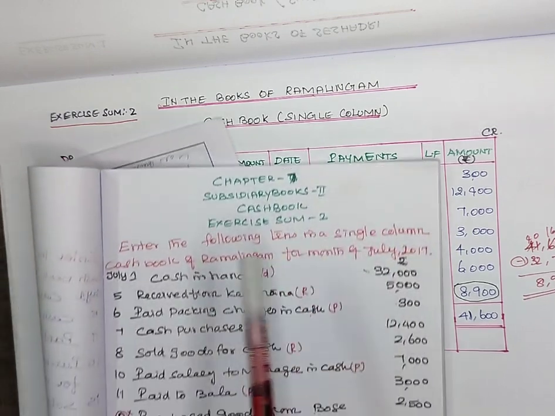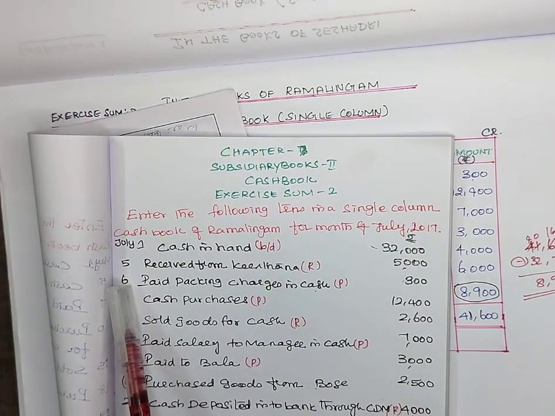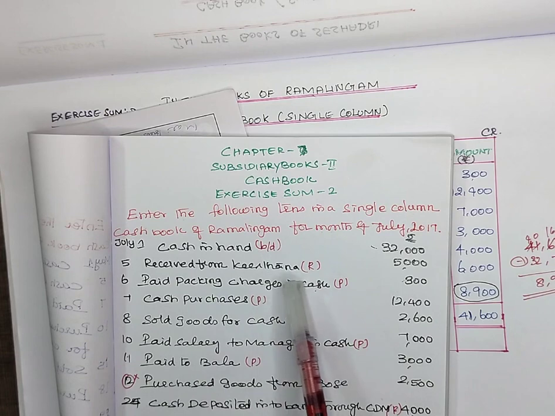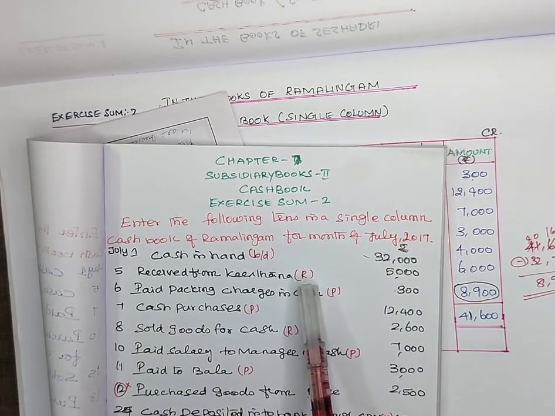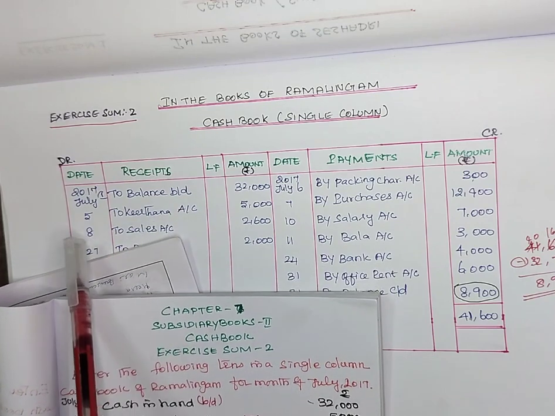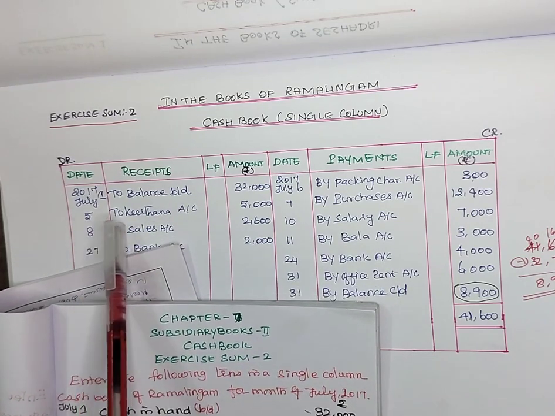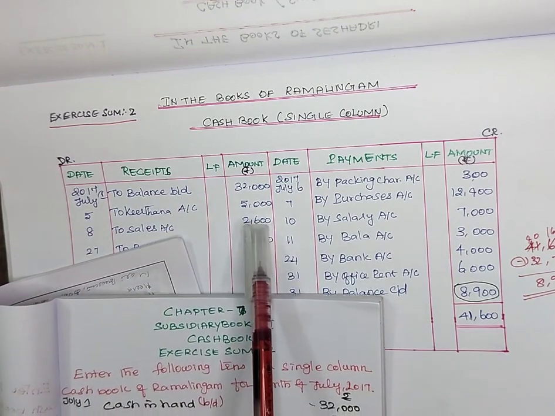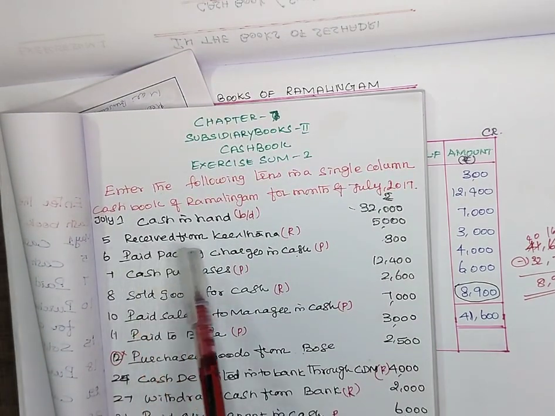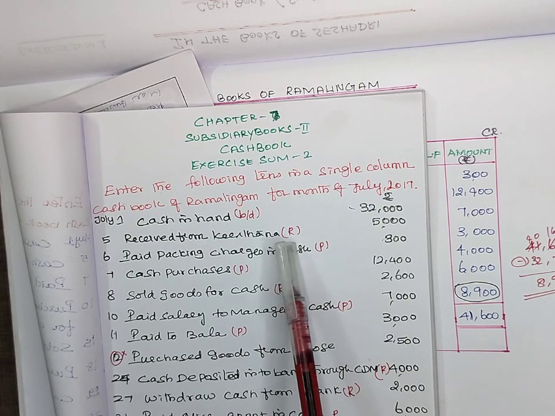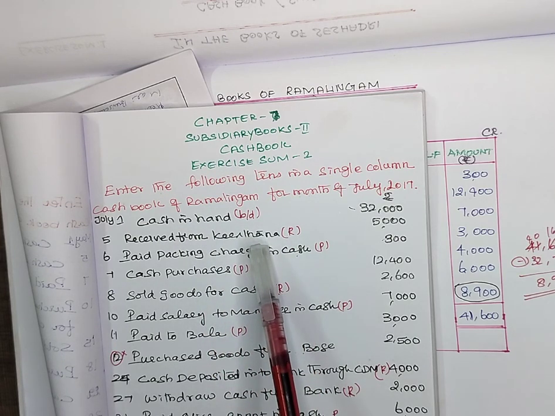The next transaction is July 5, received from Kirtana 5,000 rupees. Received means receipt, so we go to the receipt side, dated 5, to Kirtana account, 5,000 rupees. In another way, recall the journal entry for received from Kirtana: cash account debtor to Kirtana account.